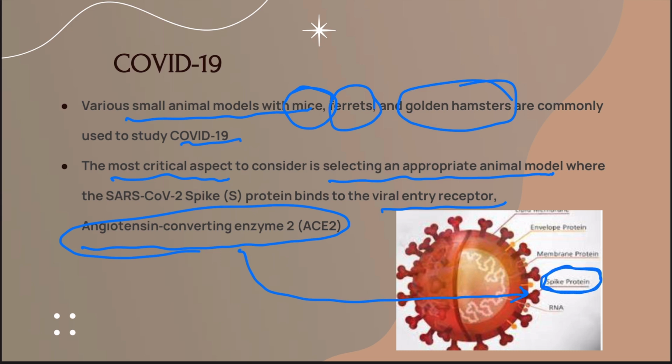So the entry receptor for this spike protein is angiotensin converting enzyme 2, and it should be present in that particular animal so as to test the drugs which can be used for COVID-19.